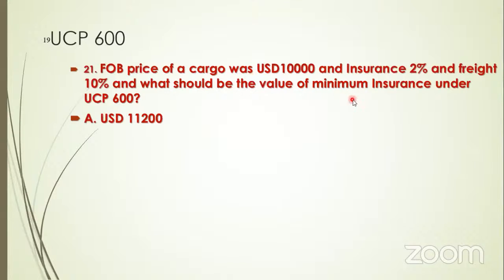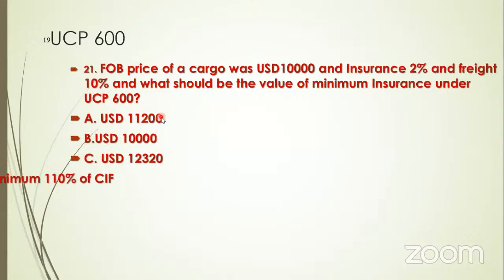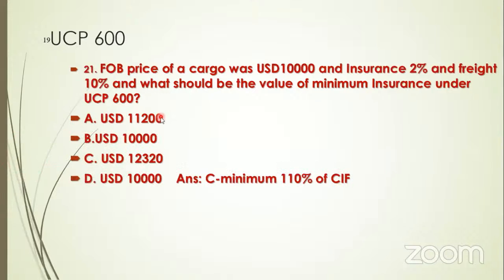You see the question: what should be the value of minimum insurance? The choices, four choices they will give: $10,000, $12,000, $1320, $10,000. The correct answer is 12,320. The insurance should be up to this amount. You may wonder, when the invoice is like this, how can you insure, how will the insurance people give higher insurance?